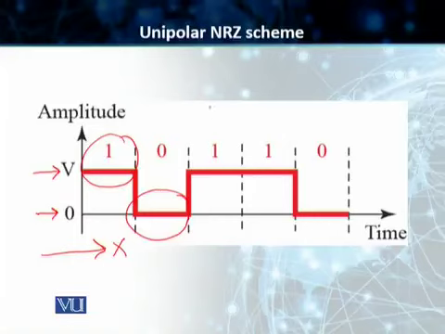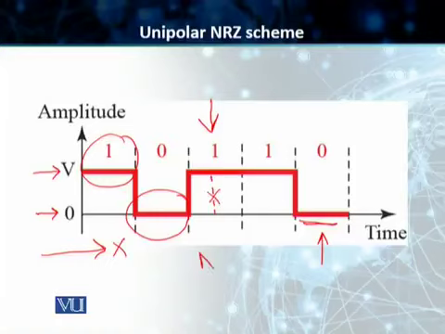For example, for this 1, throughout the bit, our signal stays at the positive voltage. Similarly, for a 0, throughout the bit, our signal stays at the time axis or voltage 0. The signal does not return to 0 in the middle of the bit, and therefore this is called the unipolar non-return to 0 scheme.